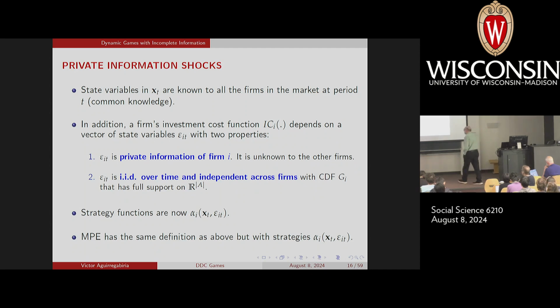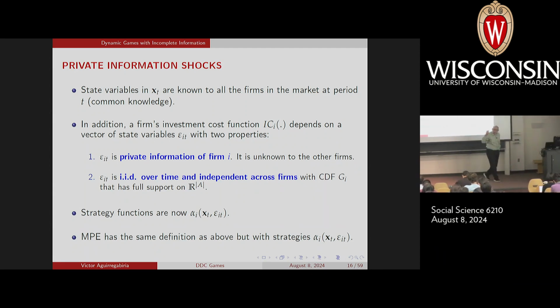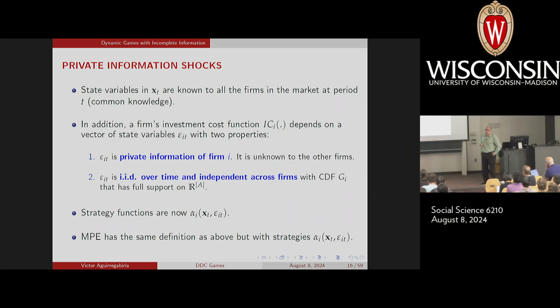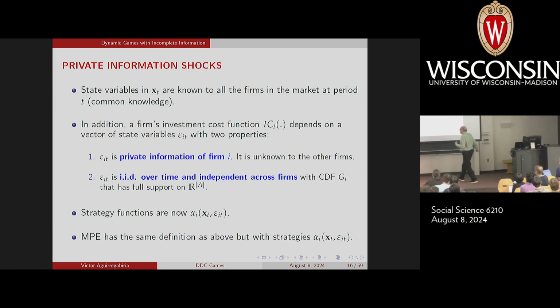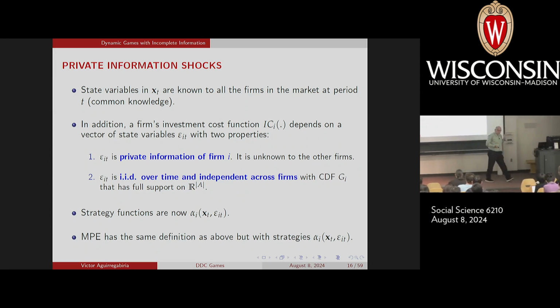Then it's going to be very convenient that, as we do in single agent models following the work by Rust and others, we can represent both the solution of these dynamic games and the estimation of these dynamic games in terms of some description of the strategy functions that are integrated over the epsilon, okay? And that's what we are going to do.